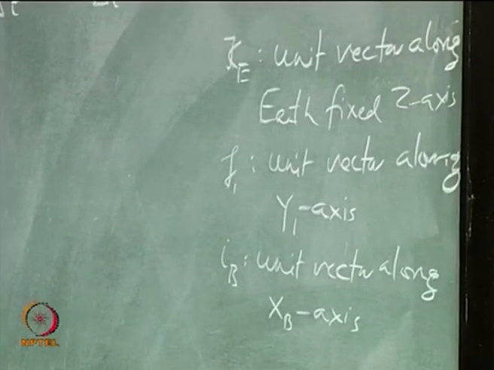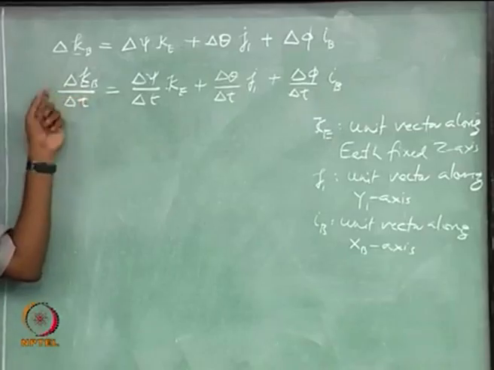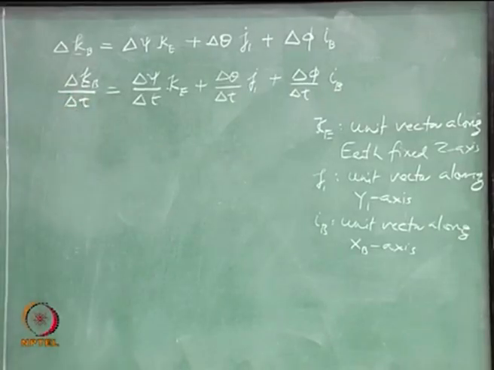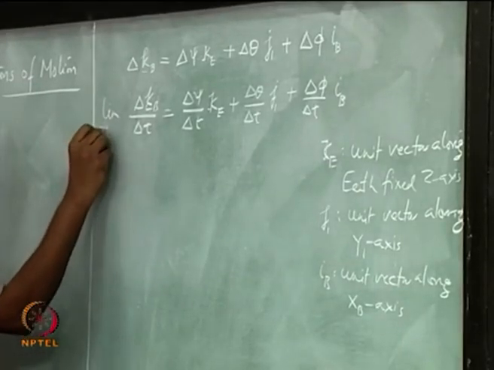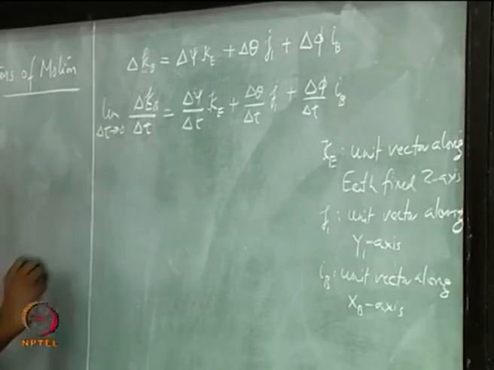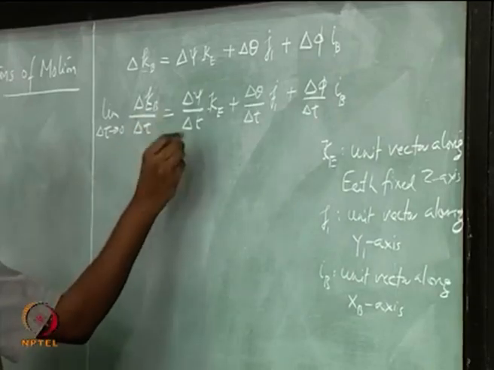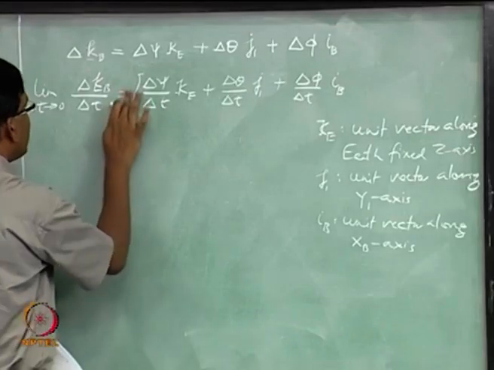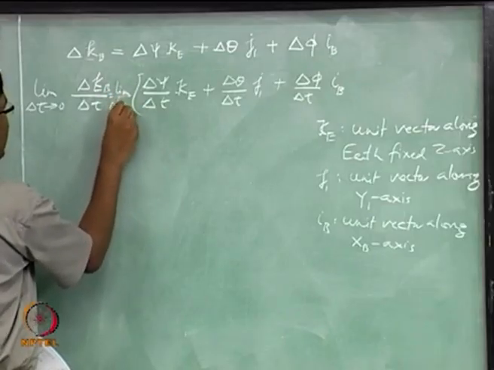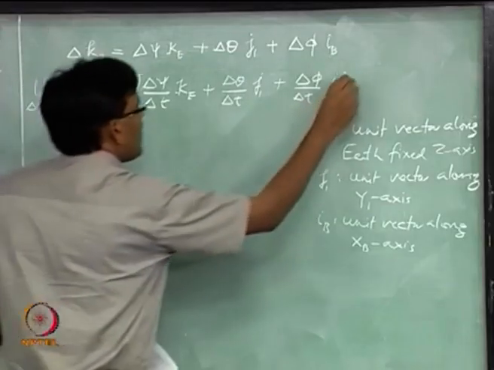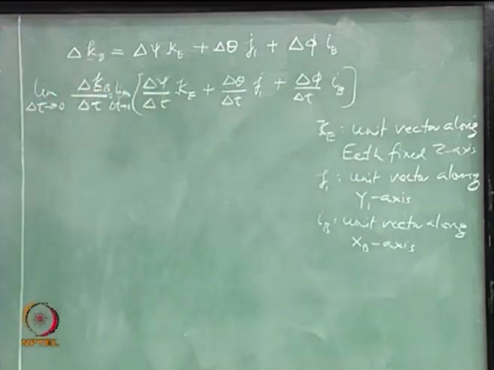And take the limit, when this delta t becomes small, then it will give you the rate of change of angle. You take the limit.